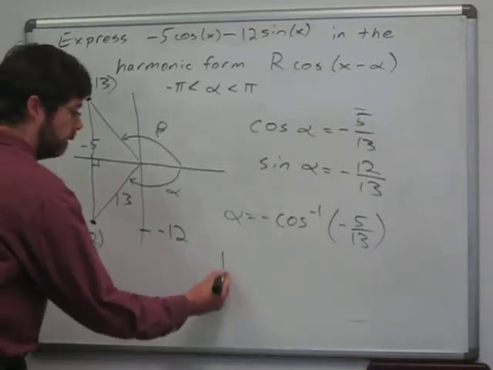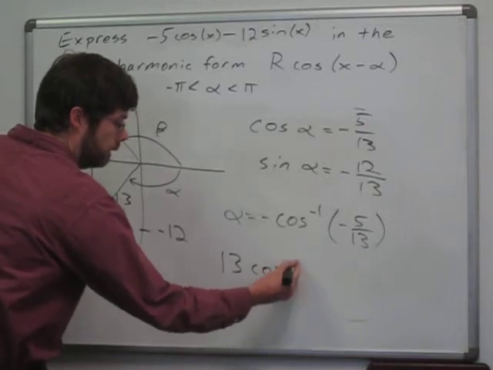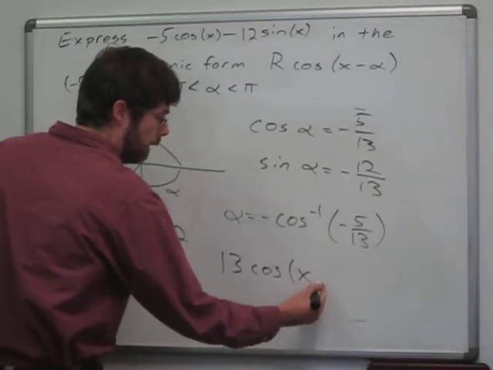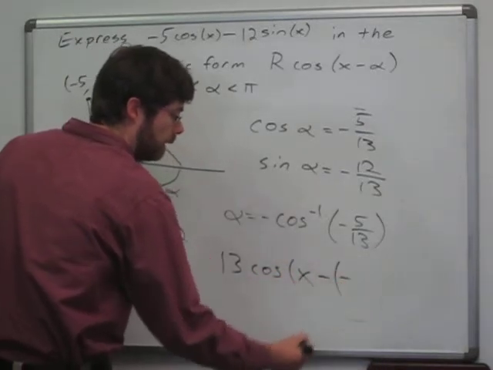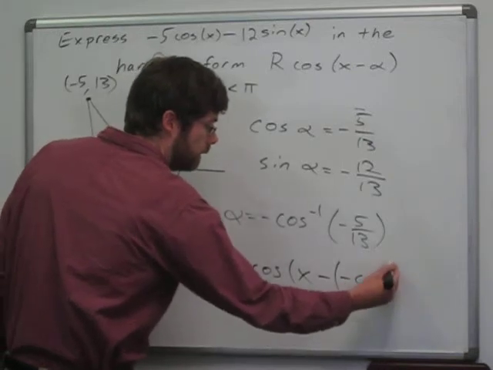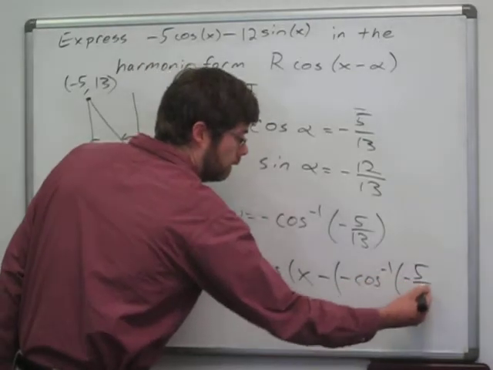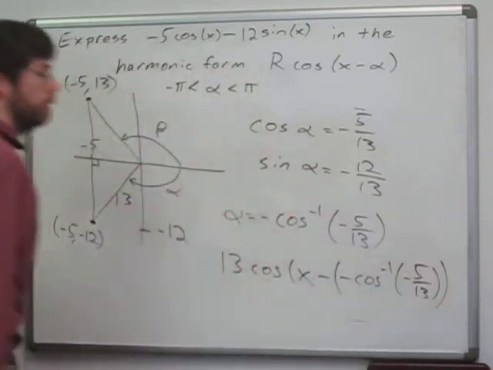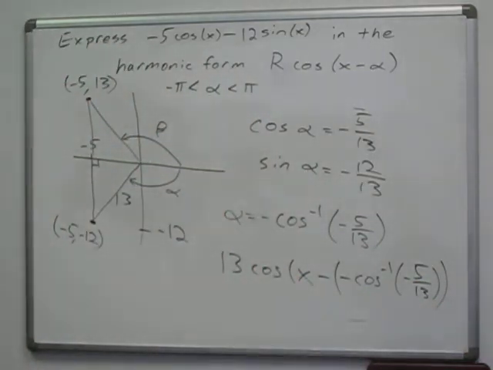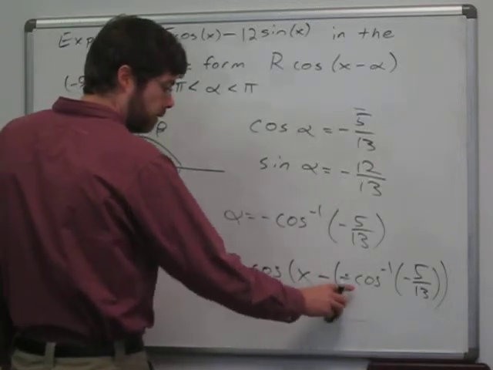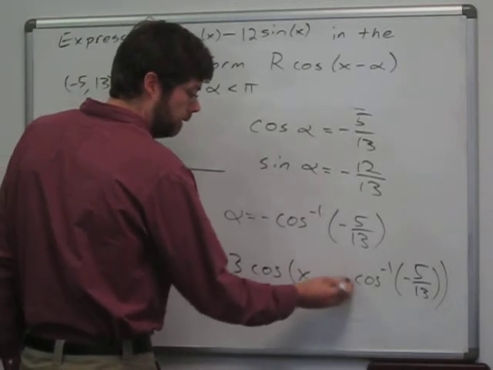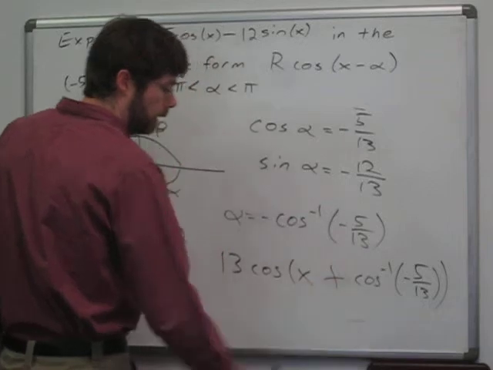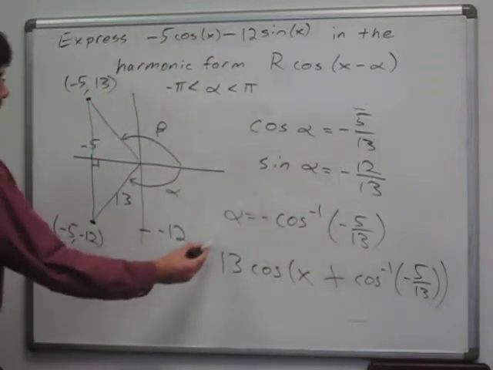So the harmonic form, 13 cosine x minus negative cosine inverse of negative 5 over 13. And we can simplify that a little bit, right? Subtracting a negative, we can change that to a positive.